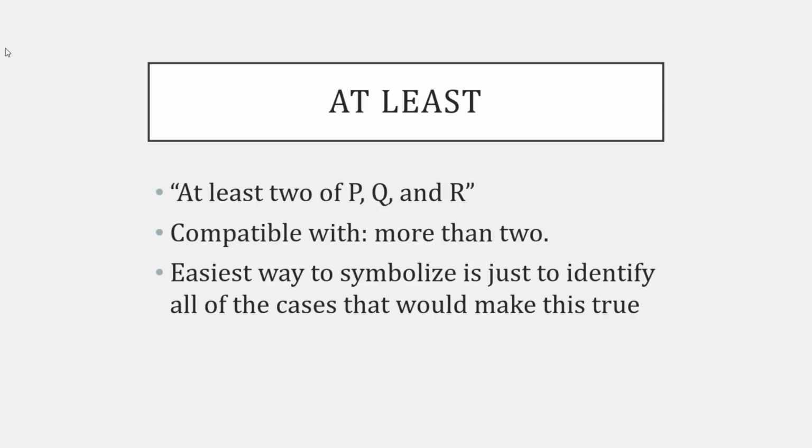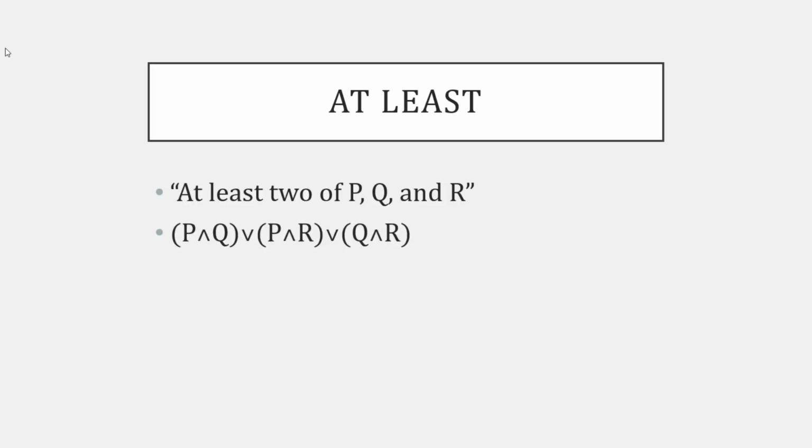That means if 3 of you did, that's fine, or if 2 of you did, that's fine, but not 1 or 0. So we want to come up with a representation of this that is true just in case 2 or 3 of P, Q, and R are true, but false if 1 or 0. Okay. So how about this?